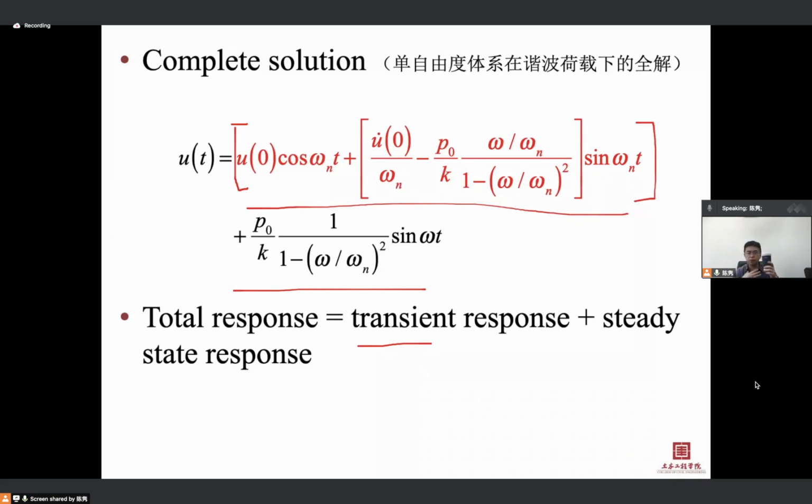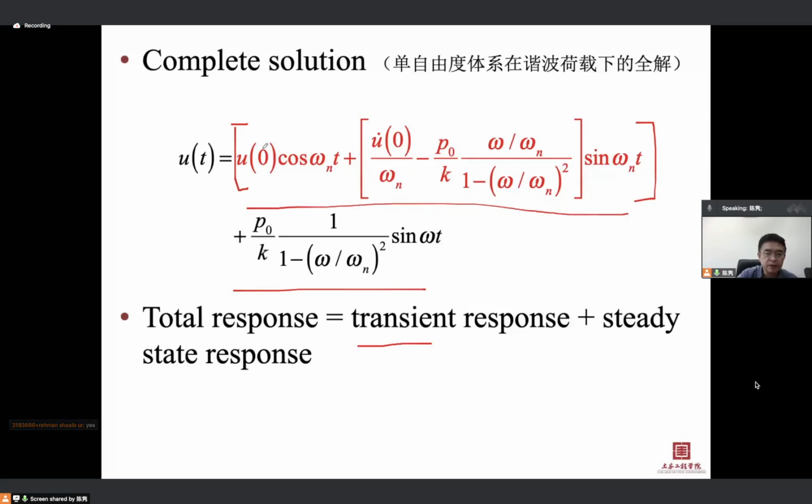So my question is, with all these conditions, is there transient vibration? No. Anyone? Any different answer? So there will be transient vibration. So we have different opinions: one says no, one says yes.